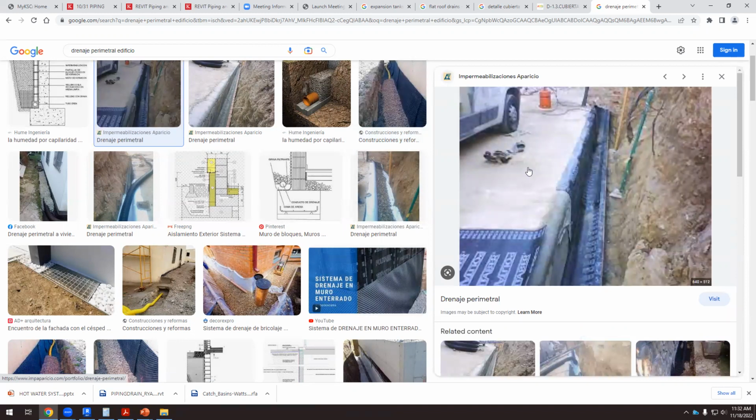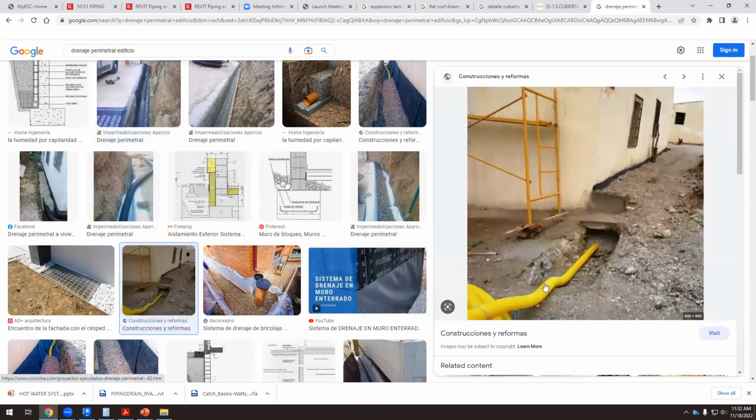So if this is the first floor slab, go deeper, 2 or 3 feet, and then waterproof all of this and place this drainage pipe all around the building, because the water will filter, and if it finds a duct or a pipe, it goes away. But if it doesn't find this, the water will stay here, end up affecting the wall, and end up inside the building.